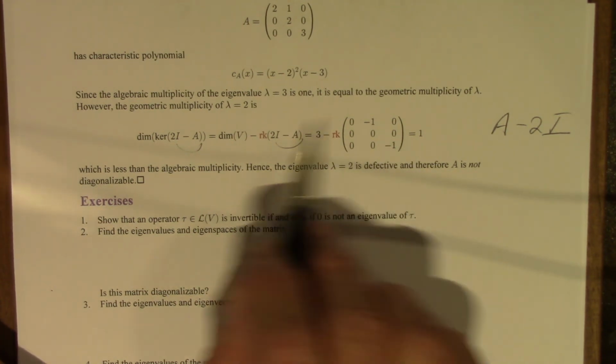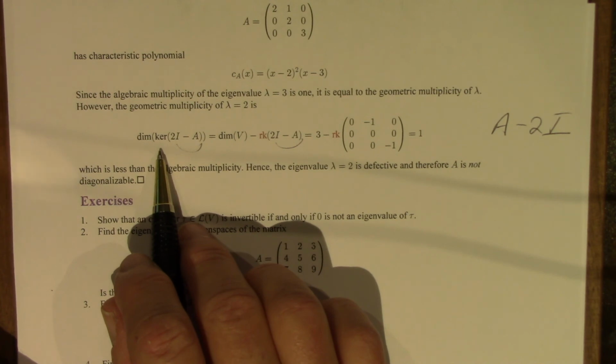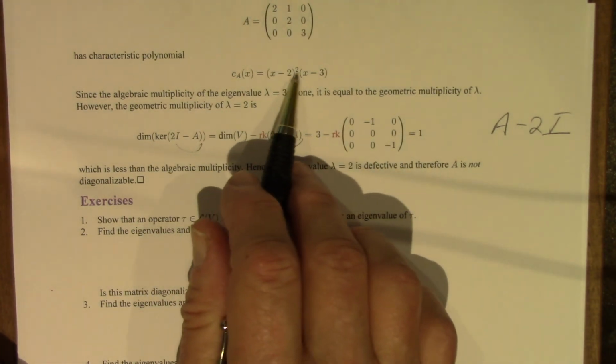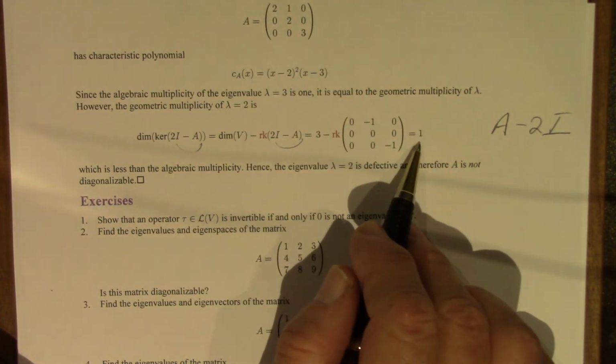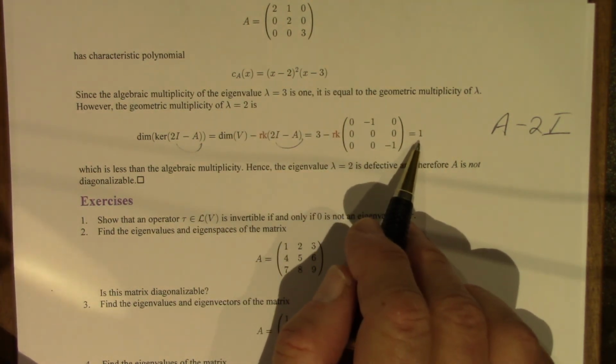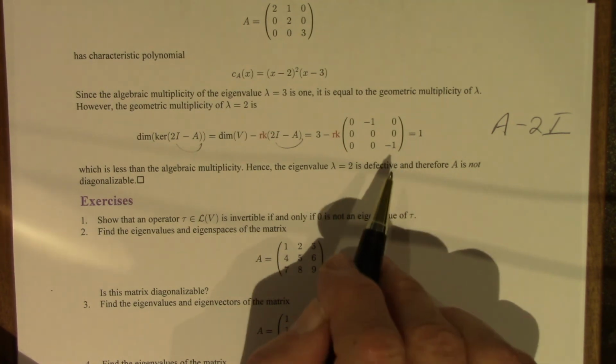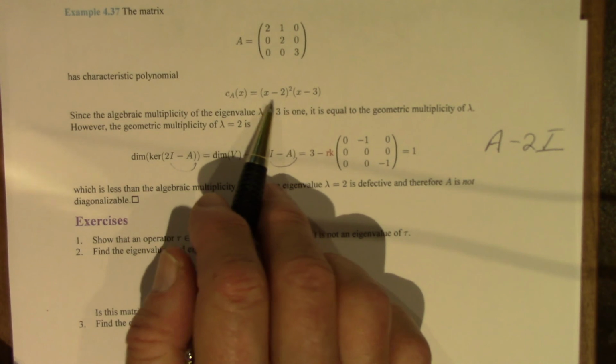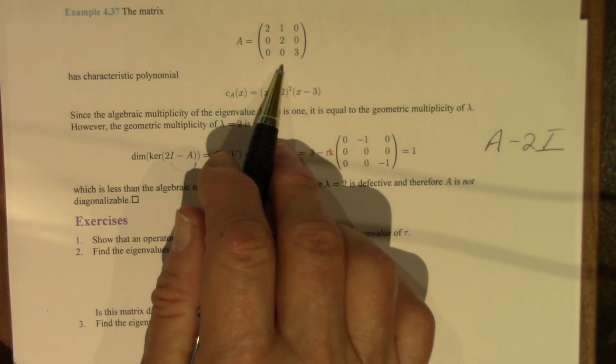And so this geometric multiplicity is 1, but the algebraic multiplicity is 2. So this eigenvalue is defective. And so this matrix is not similar to a diagonal matrix.